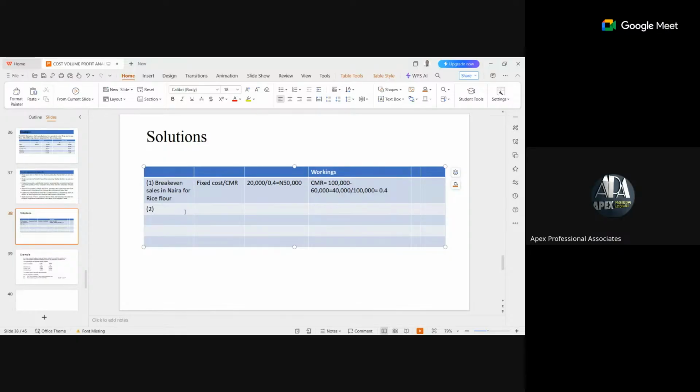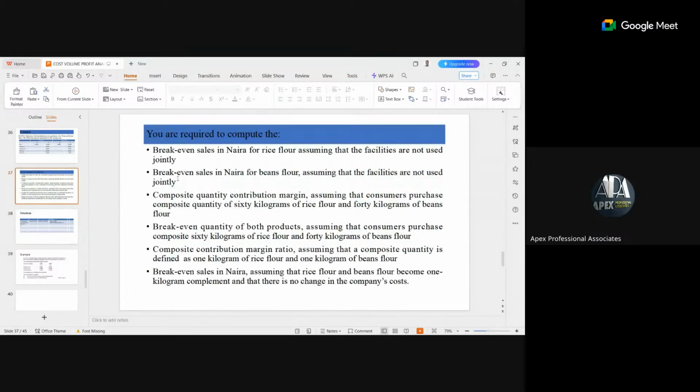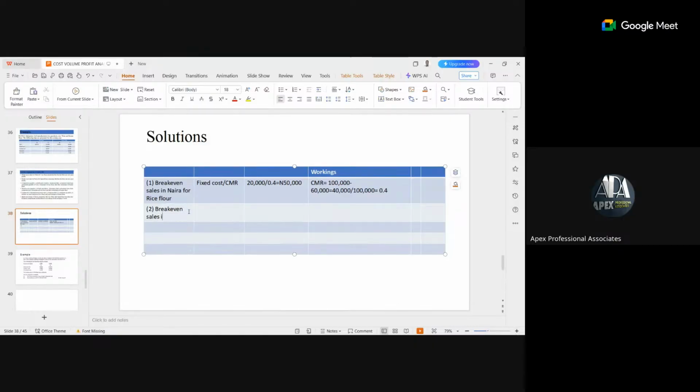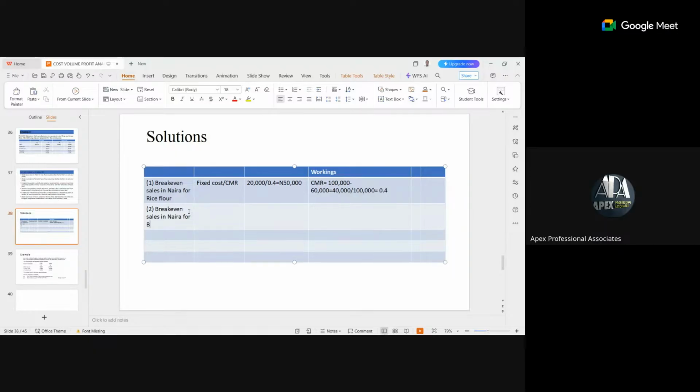The question is asking us to do what? Break even sales in naira for beans flour, assuming that the facilities are not used jointly again. Same approach. Somebody should have gotten the answer by now. Break even sales in naira for beans flour.